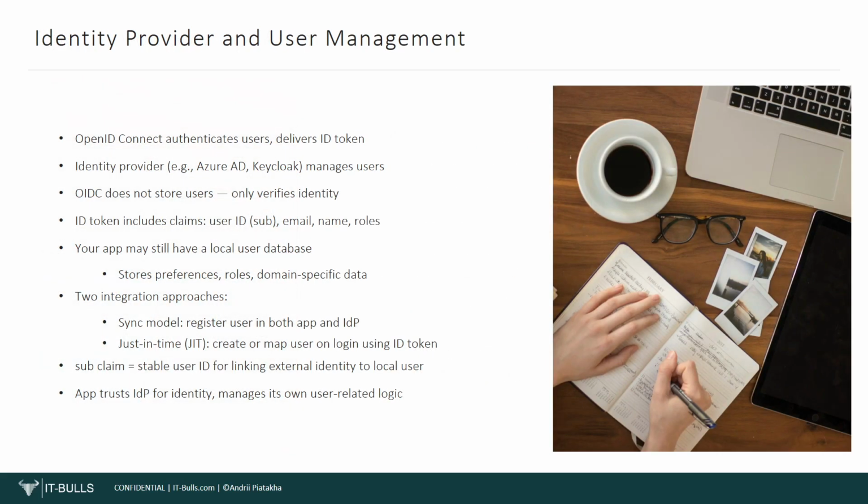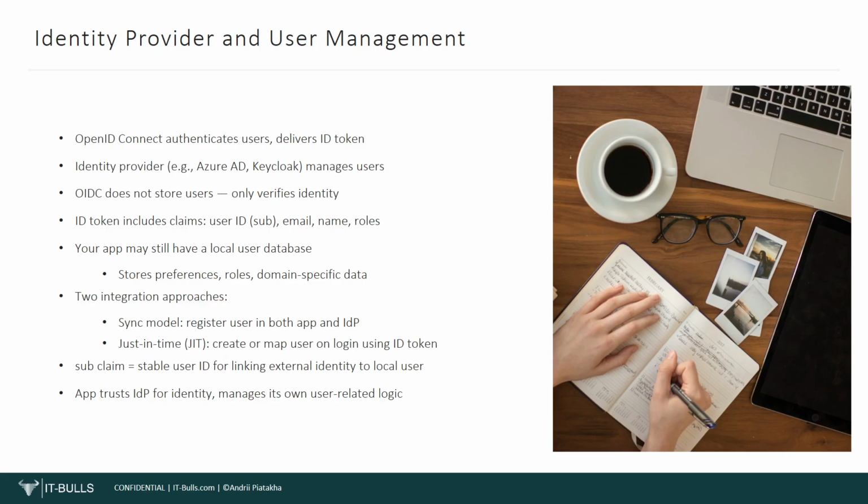Let's now look at the broader concept of how OpenID Connect interacts with user identity and your own application's database. At its core, OpenID Connect is an identity layer that sits on top of OAuth 2. It handles the process of authenticating a user and issuing an ID token that contains verified identity information. But it's important to understand that OpenID Connect doesn't store or manage users itself. It relies entirely on the identity provider to do that.